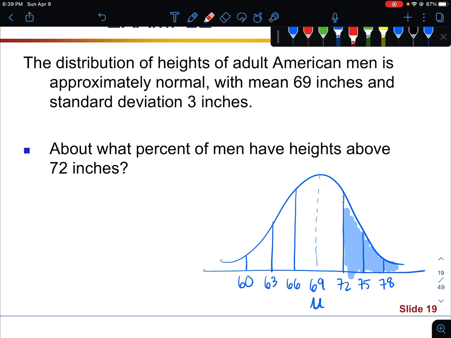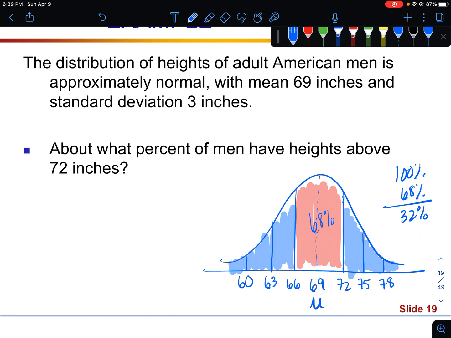So we know this area right here, between 66 and 72, represents 68% of our data. So that means that if we take 100% and subtract 68%, we would end up with, what would that be? 32%. That means that the area in blue and this area would have to add up to be 32%.